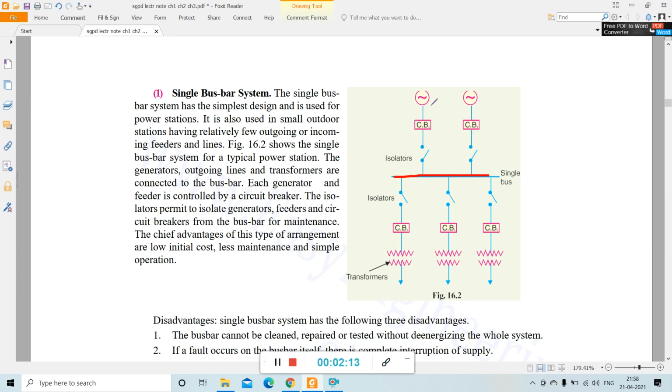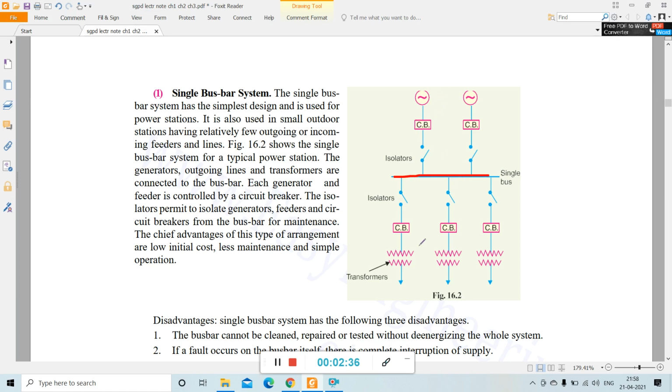Whatever voltage comes from these two generators and is fed to these three feeders, both are equal, and they both have the voltage level of this bus bar. So this bus bar has a constant voltage.